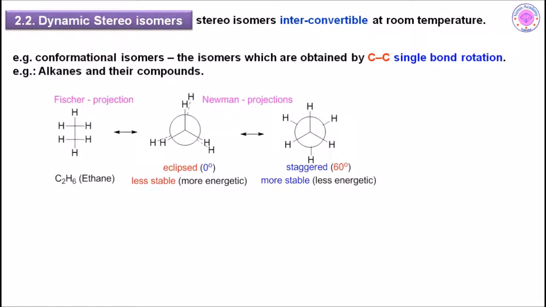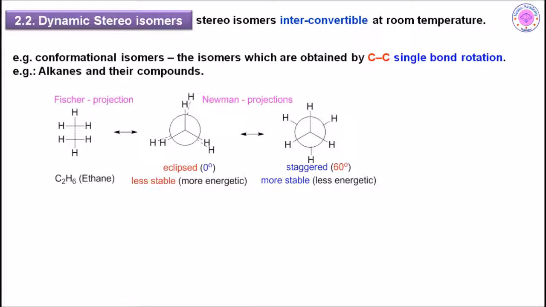This is the C-C bond. If I rotate the back carbon like this, I am getting the staggered form. This is eclipsed, this is staggered. Which is more stable? Staggered is always more stable.